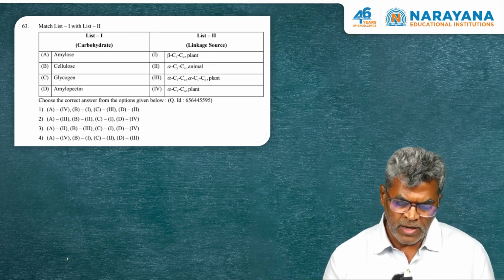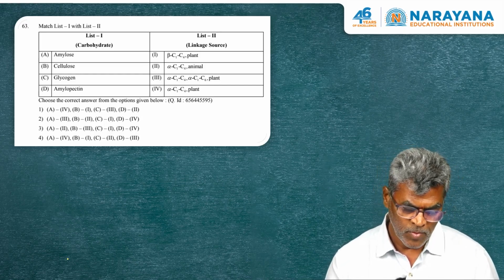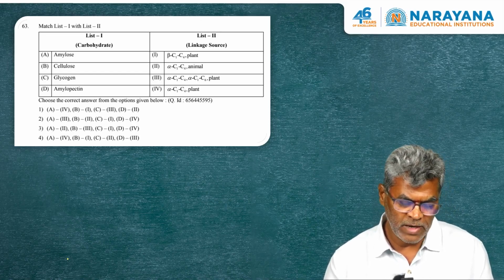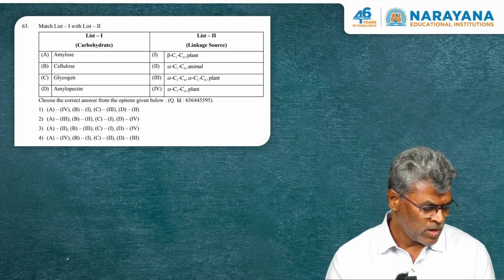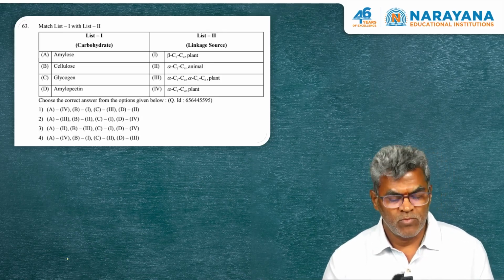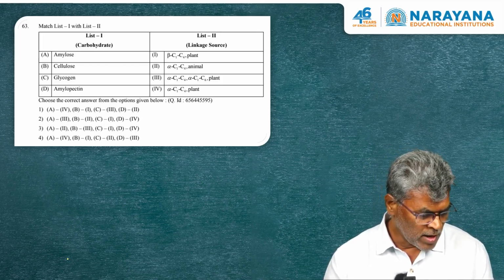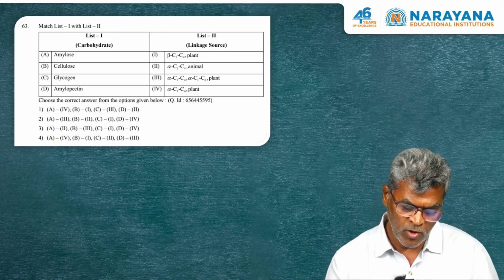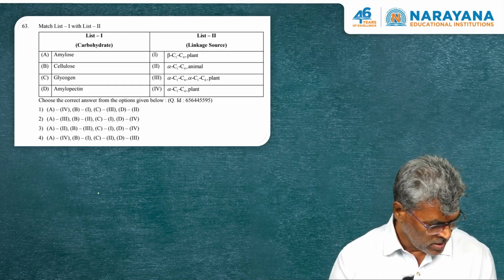Amylose means C1C4 linkage will be there, that is present in plants, and cellulose also, cellulose is also present in plants only, with C1C4 linkages, and glycogen is present in animals, with C1C4 linkage. That is why overall, if you see, the fourth option will come, A4 and B1, C2 and D3. So, that is the theoretical concept, right.